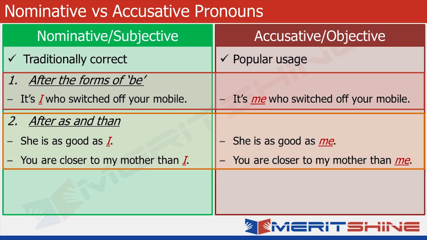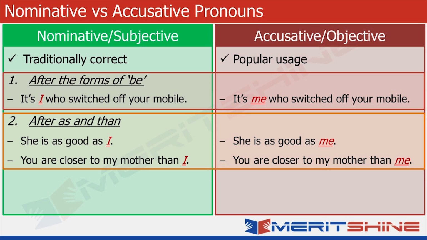So far, we have seen that both forms could be interchanged without changing the meaning or introducing any ambiguity. But here, in the sentence, you are closer to my mother than me, it can mean two things. The first interpretation is this: your closeness with my mother is greater than my closeness with my mother.